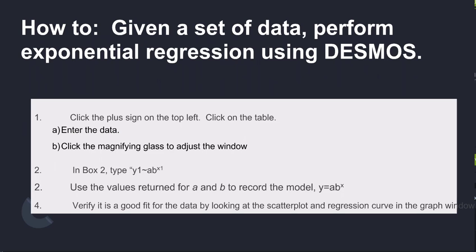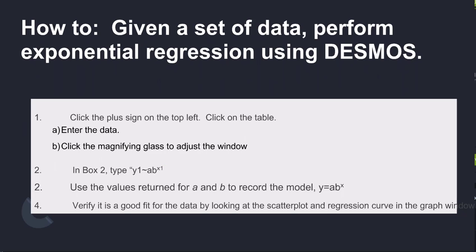Once you enter your data, there's a magnifying glass or a plus sign on the bottom left, beneath that table. If you click on that, it will adjust your window so that you can see the scatter plot. Then in box 2, you're going to type in y1, the tilde symbol, a, b to the x1.